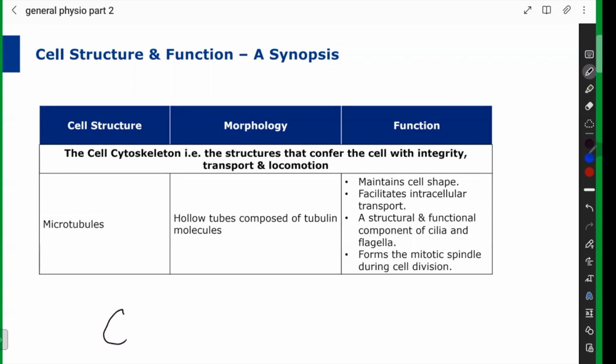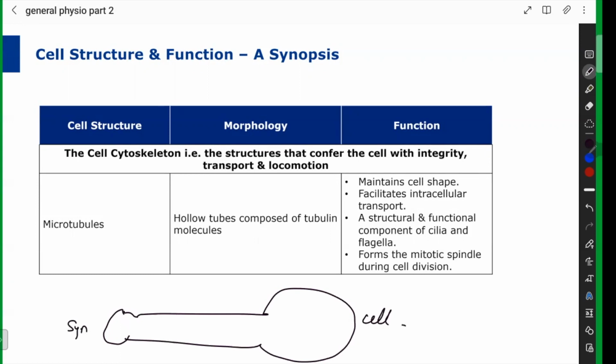So this is going to be your axon and dendrite, this is going to be a synaptic terminal and this is going to be your cell body of a neuron. So when there is a retrograde transport, it goes from your synaptic terminal to your cell body. So this microtubule is going to have anterograde and retrograde transportation by dynein and kinesin.